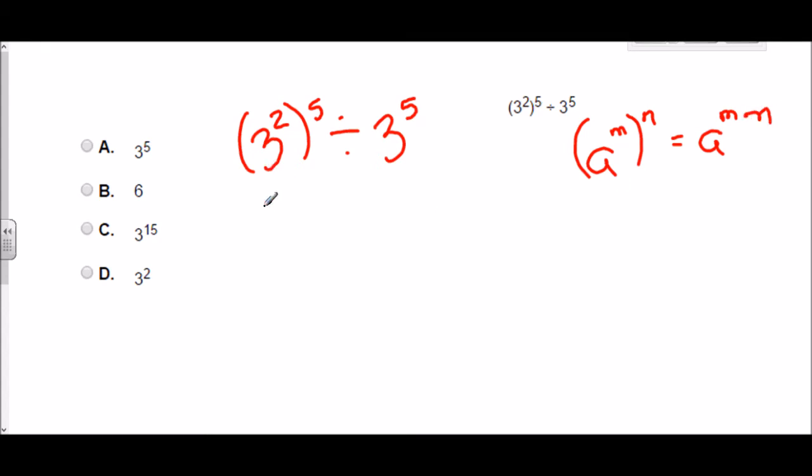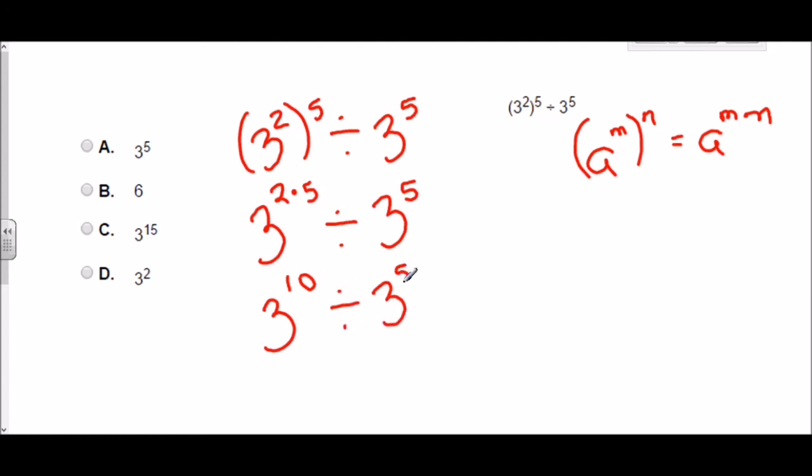And so that means here we're going to be doing 3 to the 2 times 5, and that's divided by 3 to the 5th. I'm not going to try to do that math before I write down what I'm supposed to do. So then from there we have 3 to the 10th power divided by 3 to the 5th power.